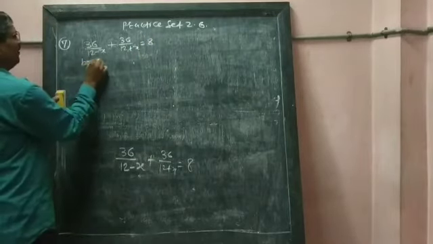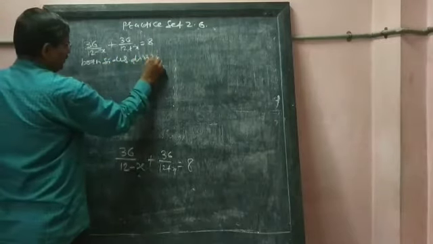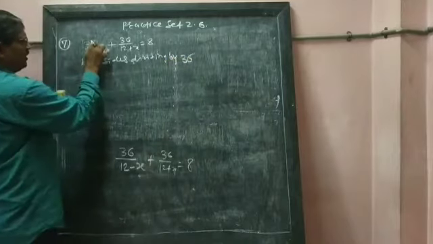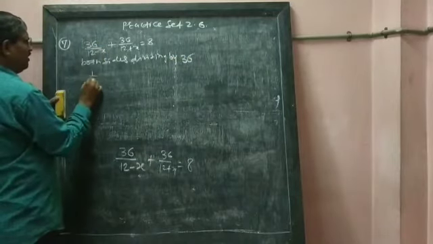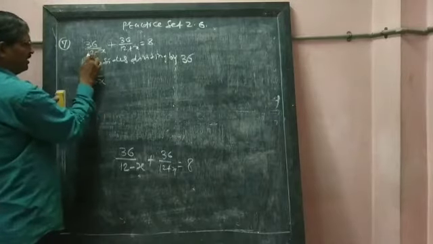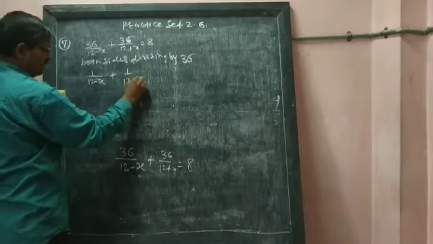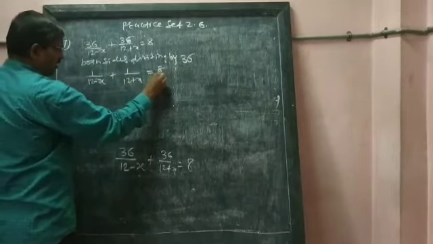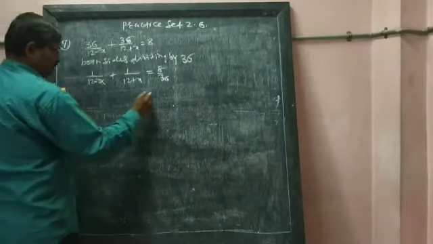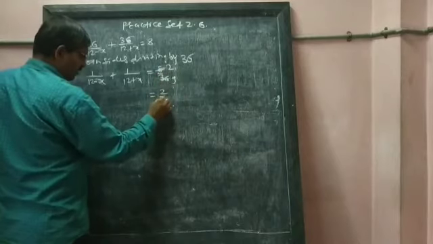Dividing both sides by 36, because we don't want this 36. It becomes 1 upon 12 minus x, and this term divided by 36 becomes 1 upon 12 plus x, and here 8 upon 36. We should take it in reduced form: 4 twos are 8 and 4 nines are 36, so it becomes 2 upon 9.